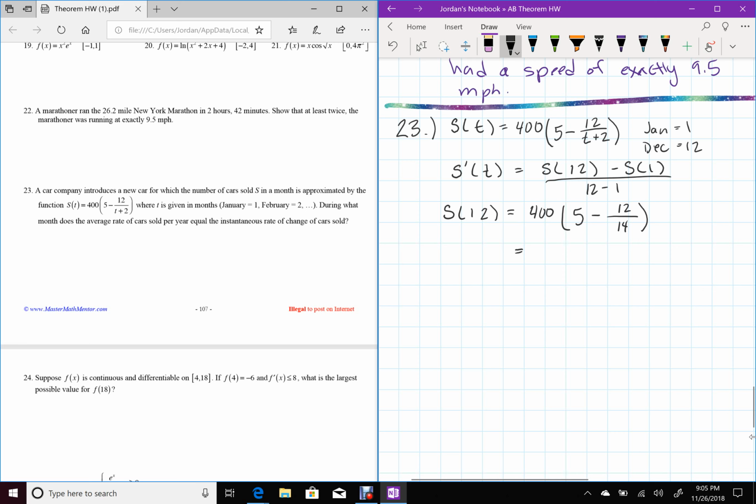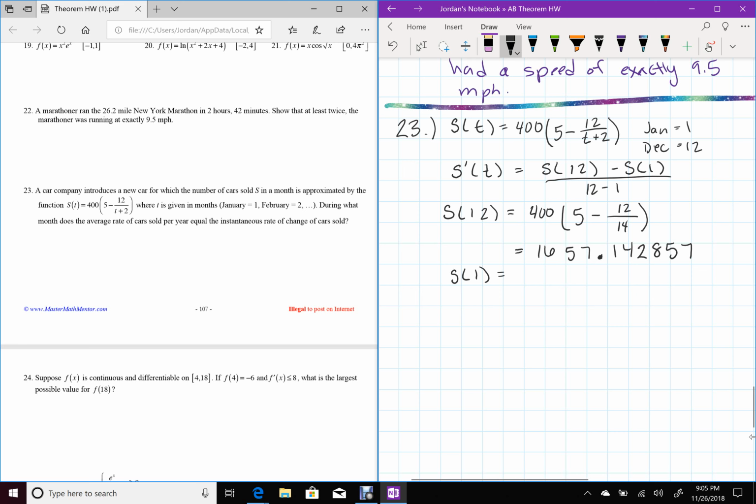We get 1657.142857. And you'll notice I'm using more decimals than I need because I'm not done with my answer. The more decimals I have, the more precise my answer will be, and the better chance I'll have of getting the correct answer on a free response question, because they will look at the 3 decimal places.